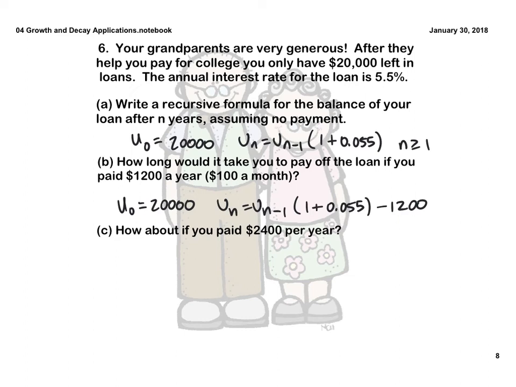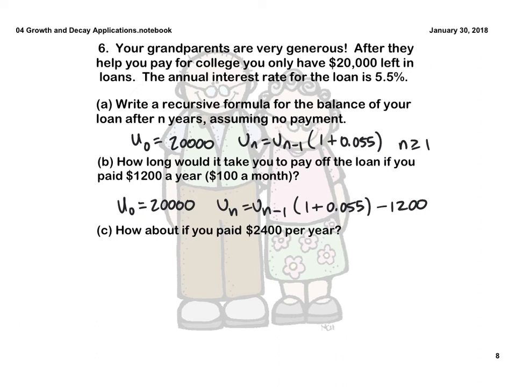What you'll notice when you go to your table is that the values you're analyzing will be increasing or decreasing based on your payment. So if your payment is not enough, your loan will actually increase in value, which we'll talk a lot more about in class. But if you pay $1,200 a year and you go to your table, you'll see that the amount of money is decreasing.